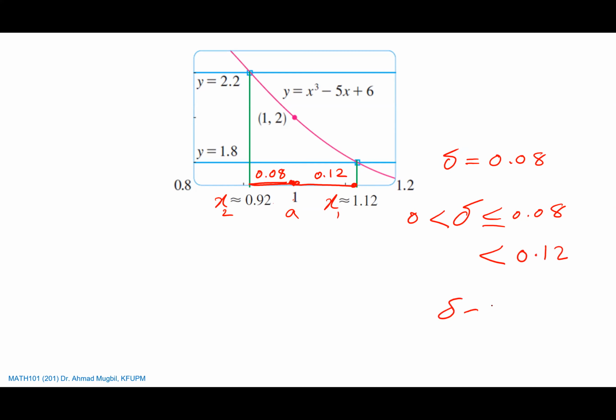But if I choose it to be less than 0.12, it will not necessarily be less than 0.08, because it could be 0.1, for example, which is in between.